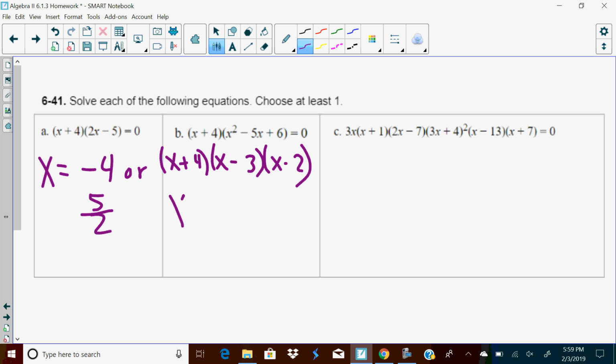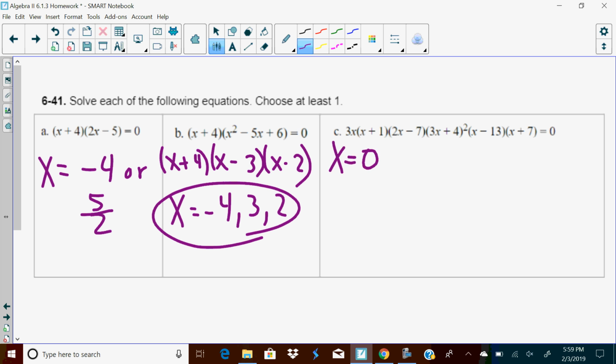So I'm going to get x equals negative 4, positive 3, or positive 2. For c, I get several solutions for x. So x is going to equal 0, negative 1, 7 over 2, negative 4 over 3, 13, and negative 7.